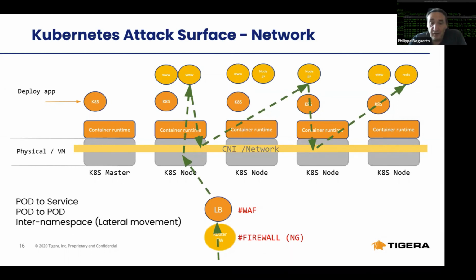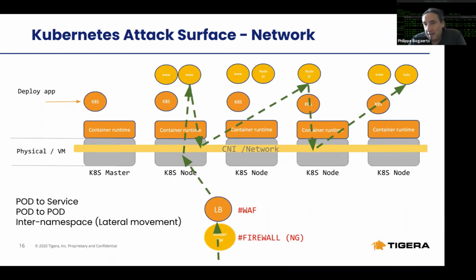So pod to service is possible, pod to pod is possible, and something which is often forgotten, just because an application sits in namespace 1 and another application sits in namespace 2, nothing prevents a pod in namespace 1 from talking to a pod in namespace 2.